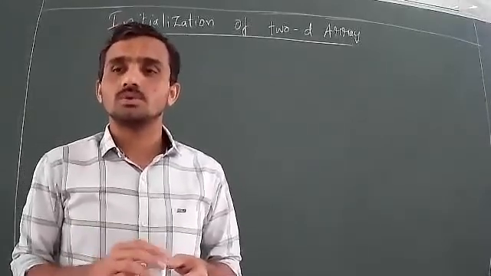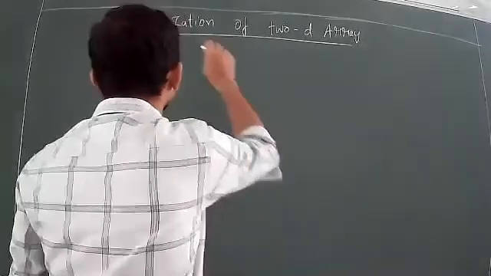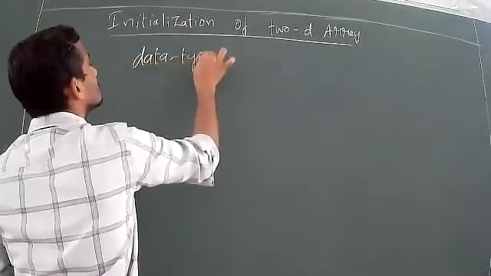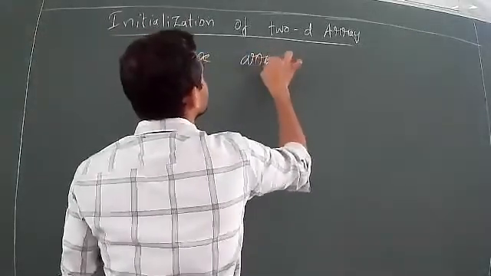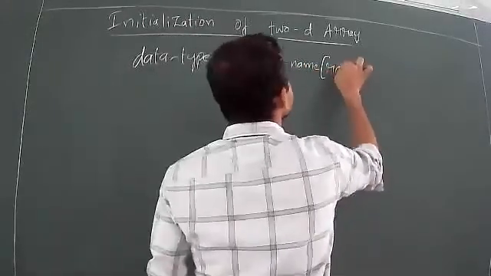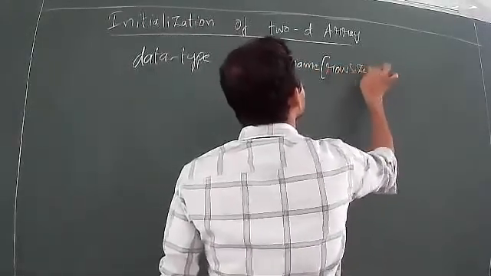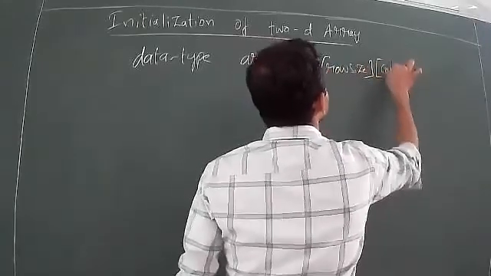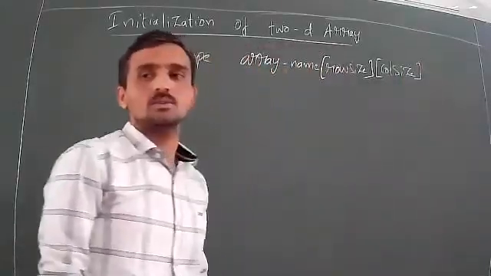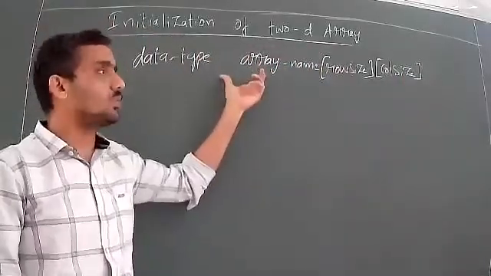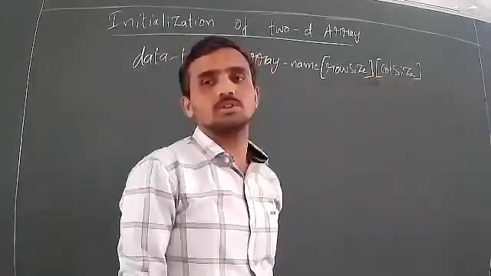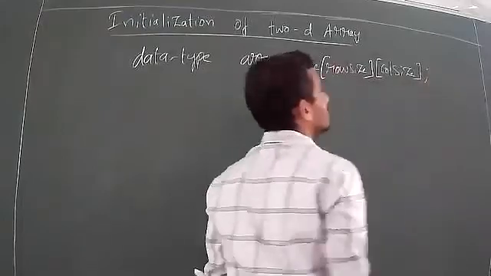Because it requires two subscript values, if we look at the syntax, it will be like data type, array name, row size and column size. So this is the syntax of a two-dimensional array because we require two subscript values. Row size and column size, that is number of rows and number of columns.